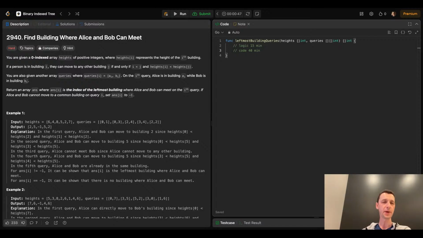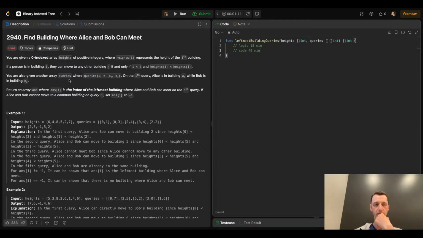So, find building where Alice and Bob can meet. You are given a zero-indexed array heights of positive integers, where heights[i] represents the height of the ith building. Okay, so there are buildings with their heights.